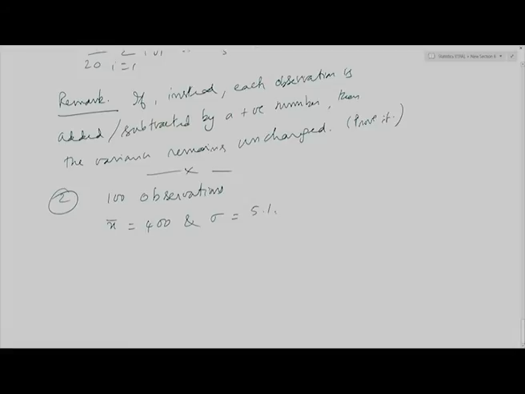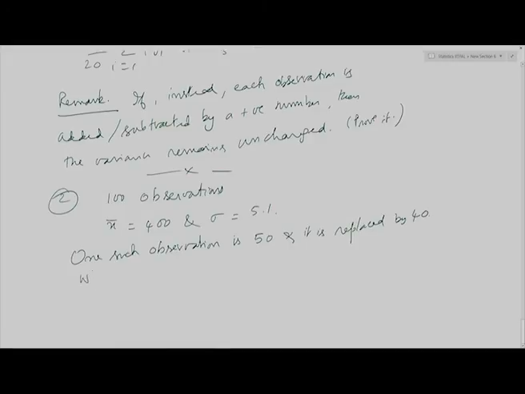Suppose one of the observations, let us say one such observation is 50, is replaced by 40. That is, one observation is decreased by 10. Now what will be the new mean?